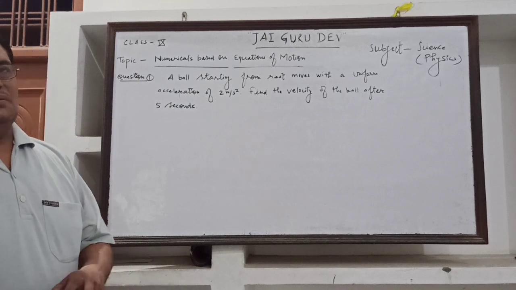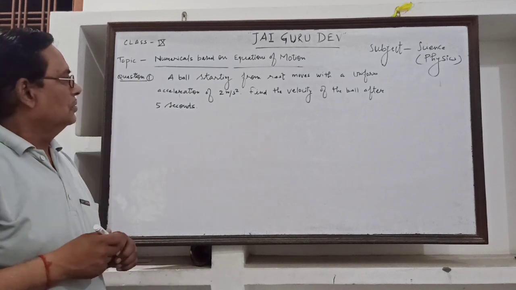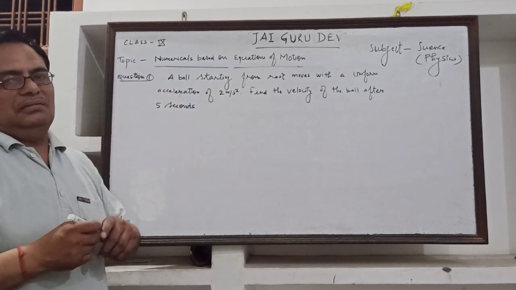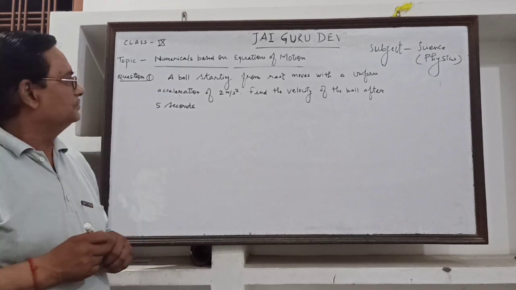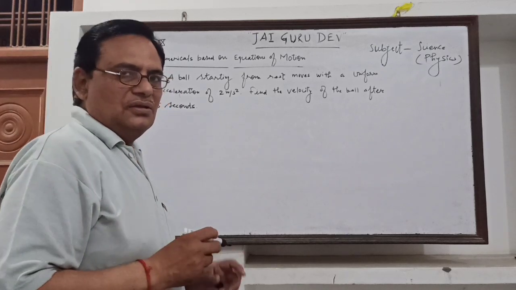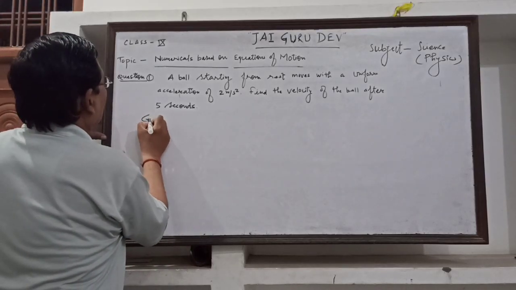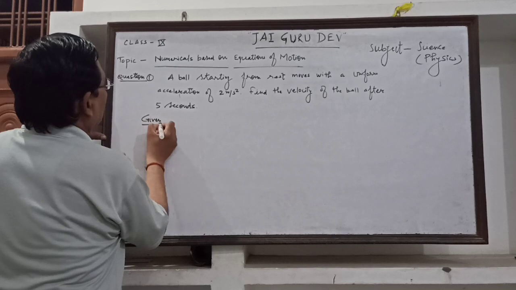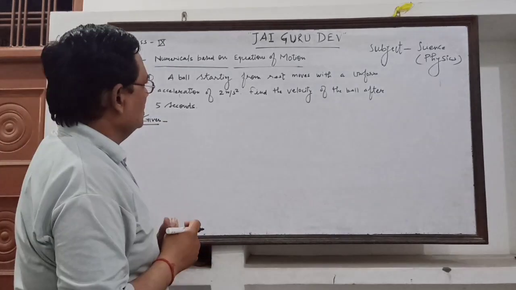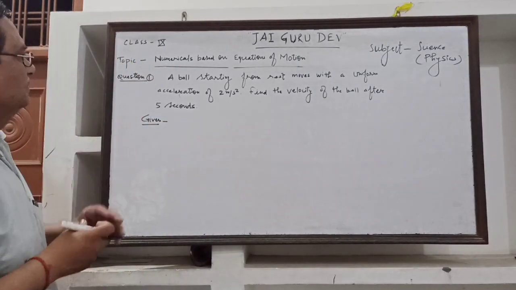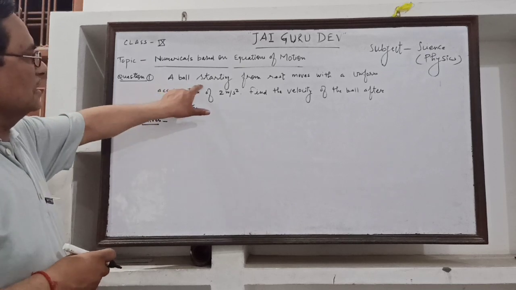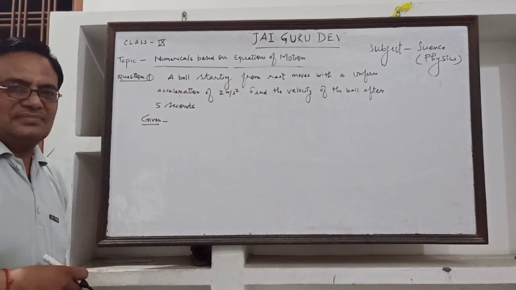So first you have to read the numerical. Then after you have to write given. We have to see what is given. A ball starting from rest.